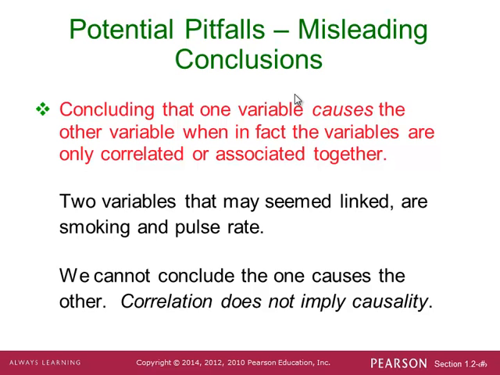Could it be that it just so happens that people who smoke more have a higher pulse rate, or a higher rate of cancer compared to people who smoke less, who have lower pulse rates and lower rates of cancer? Maybe there's no connection.